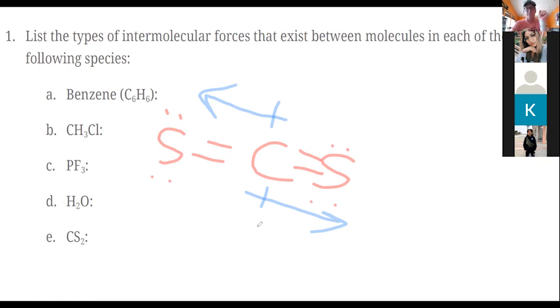But we do have bond dipoles going in opposite directions. And so this carbon is slightly positive, actually more than slightly positive, because it has two sulfurs pulling electrons away from it. And these two sulfurs are slightly negative. So we know we have dispersion, because we always have dispersion.